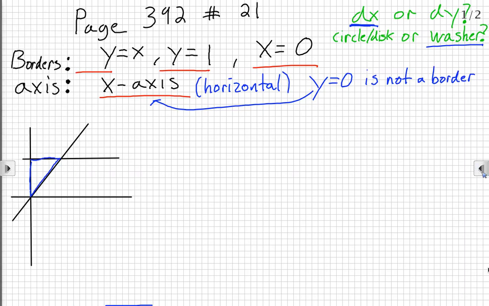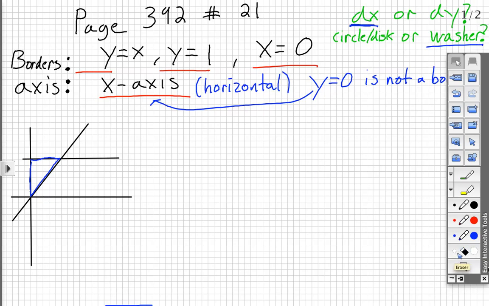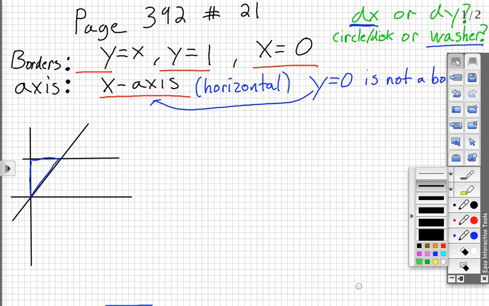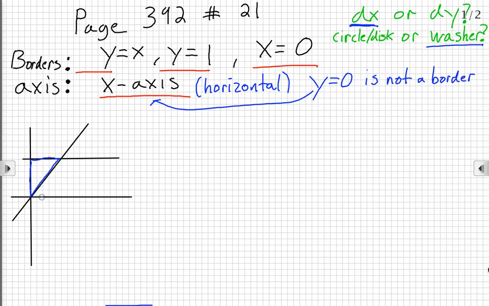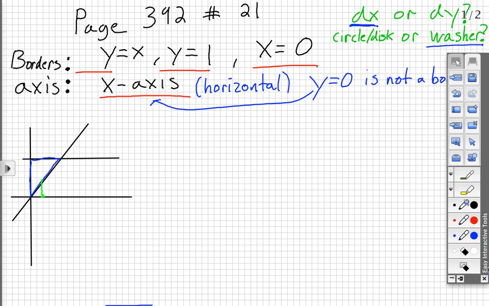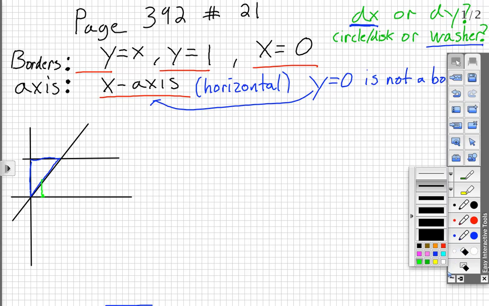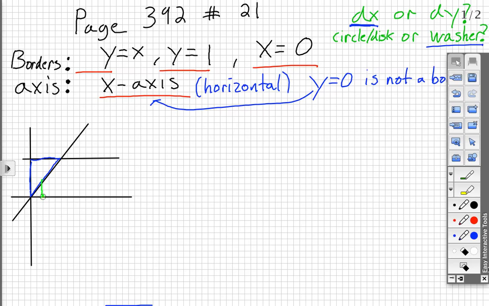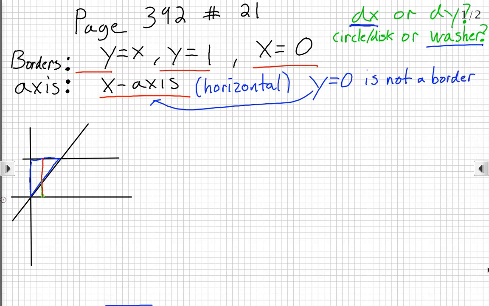Now that we've graphed it, it should be pretty clear why it's a washer problem. We're going to have a small radius. That small radius travels from our axis of revolution to the lower boundary of the function. And our bigger radius travels from the axis of revolution all the way to the top boundary of our function.